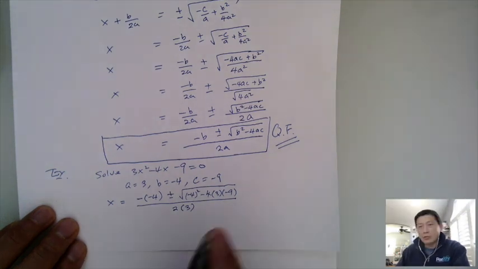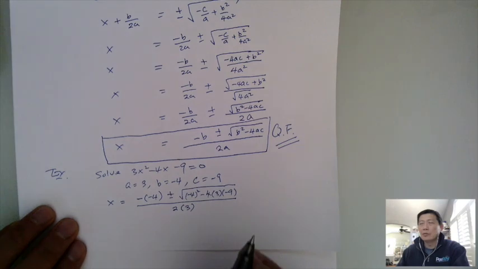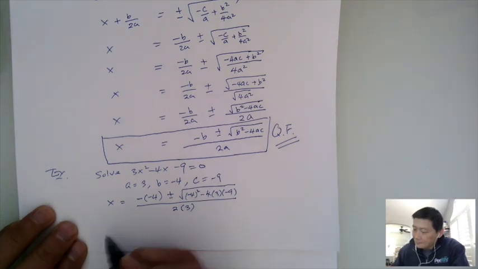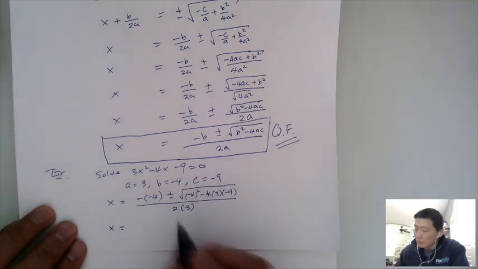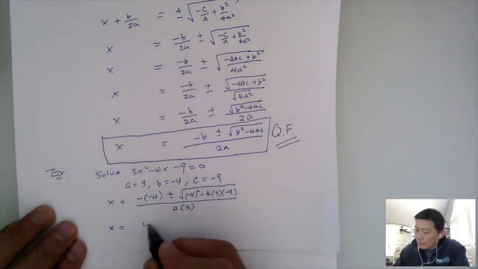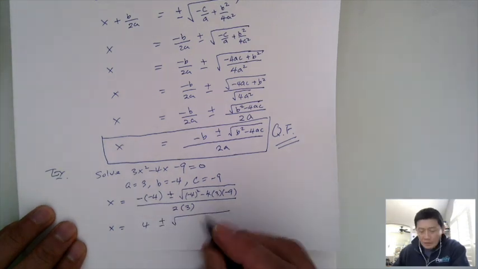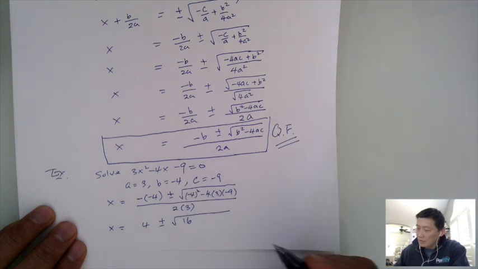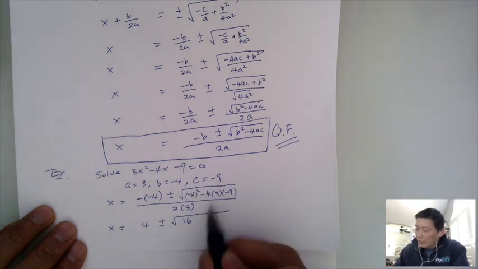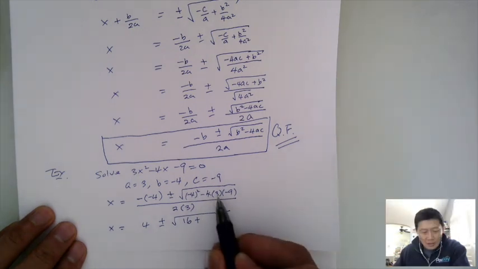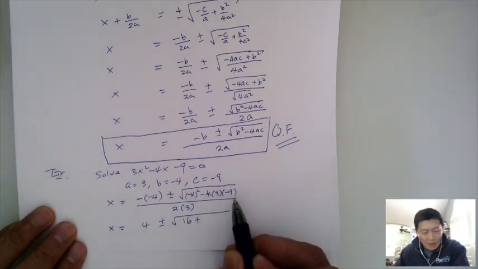I want to make sure that I have all the right components before I begin to calculate and simplify. So x is equal to, in this case, positive 4 plus minus square root of, right? So this is 16. And negative and negative makes it positive. And then 4 times 3, and then times 9.